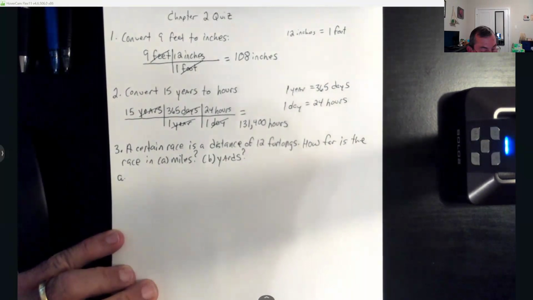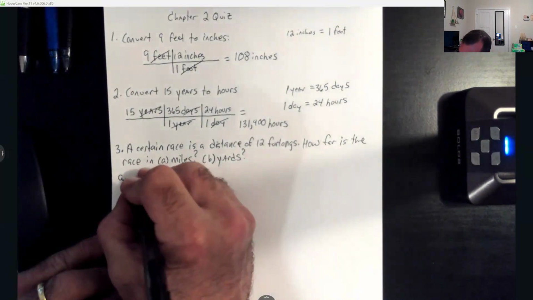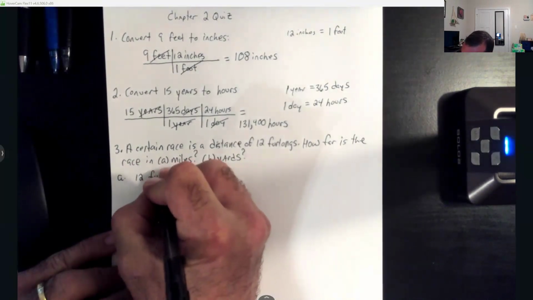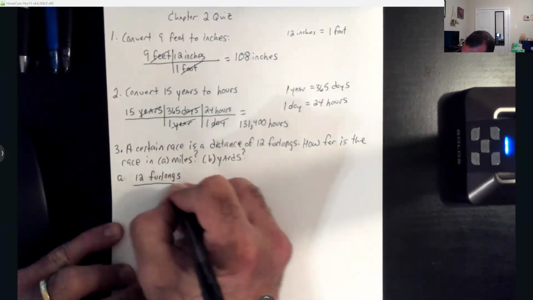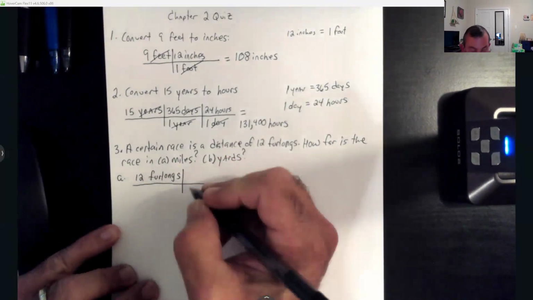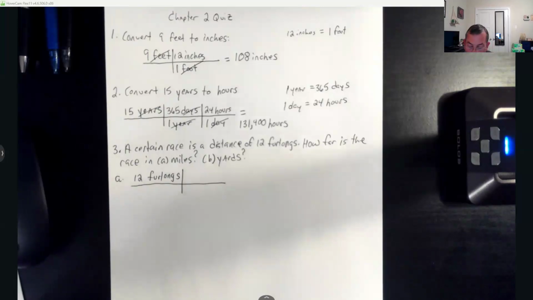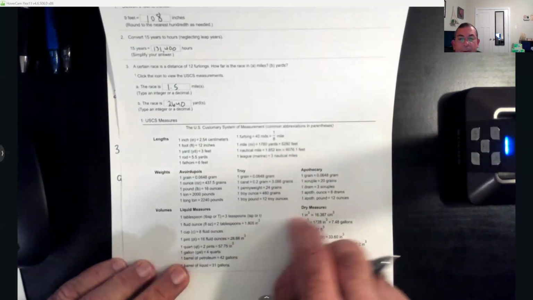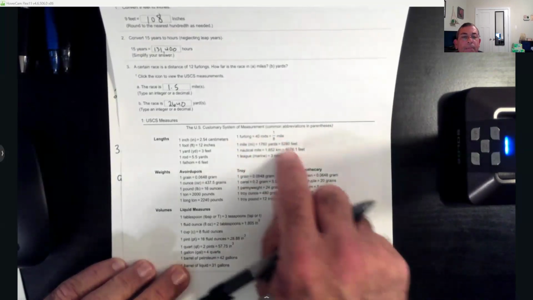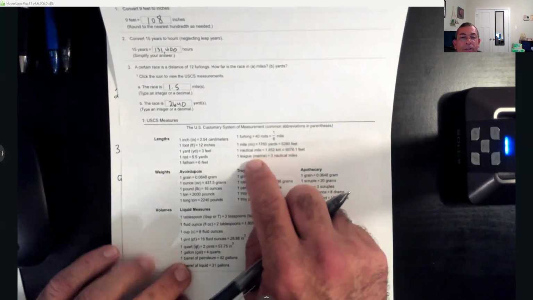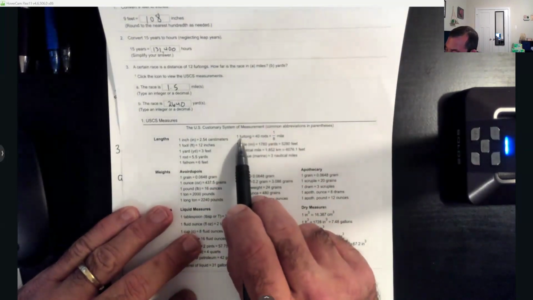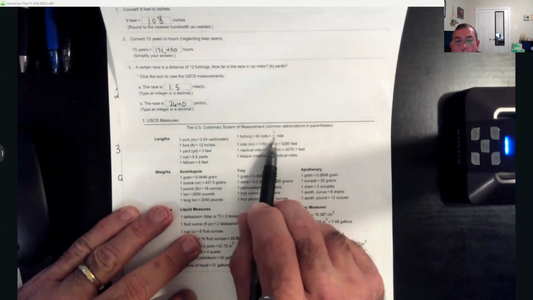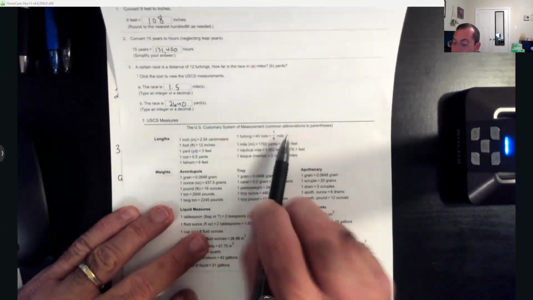So we start with our 12 furlongs. Now, they'll give you access to the measurement conversions on these problems. So notice here it says 1 furlong is 1/8 of a mile.